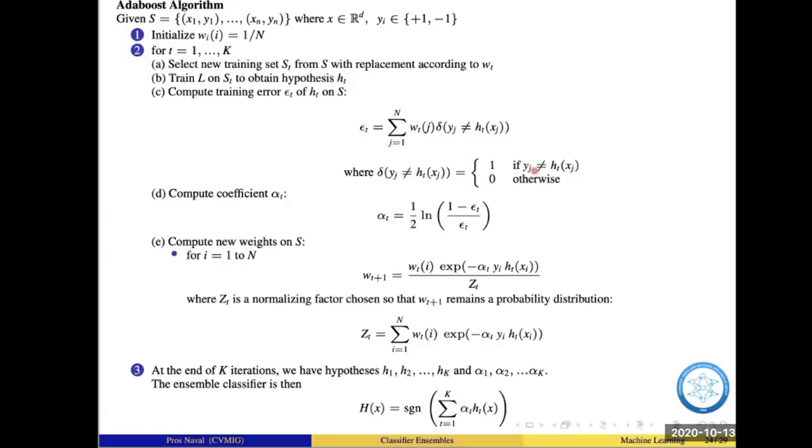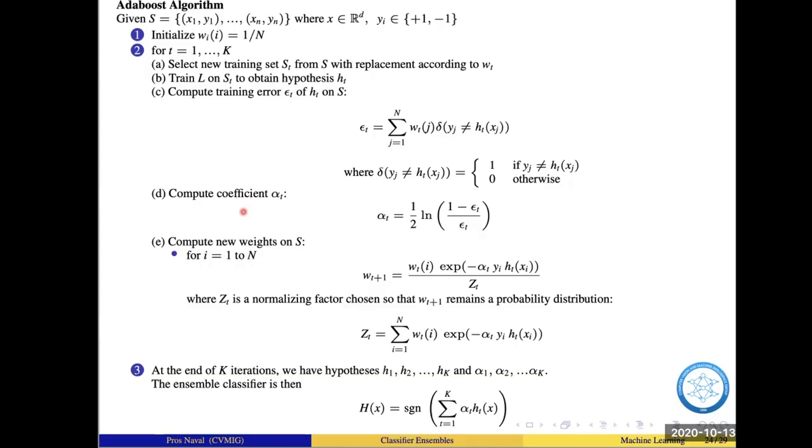It is 1 when the label and the prediction of our candidate classifier, our first classifier, do not match. If there's a match, 0. So basically, we're counting the number of times that your classifier H1 makes a mistake, because Y here is your correct label. So that would be your error, epsilon.